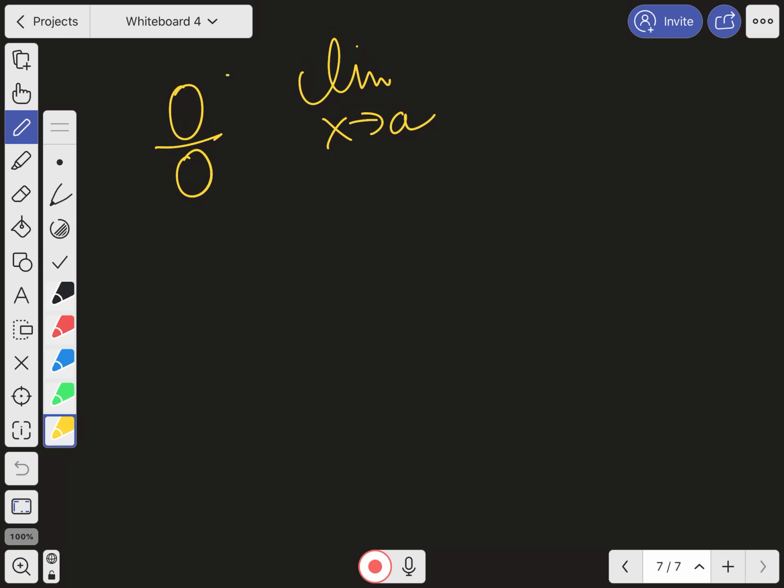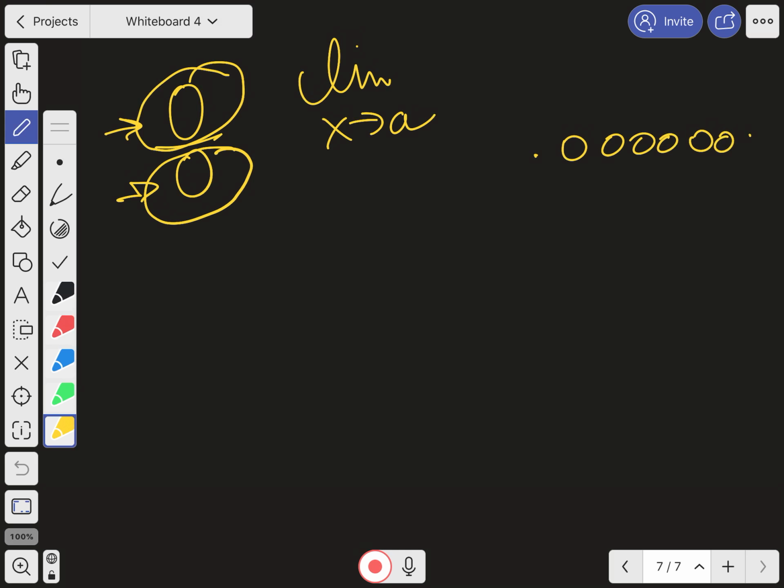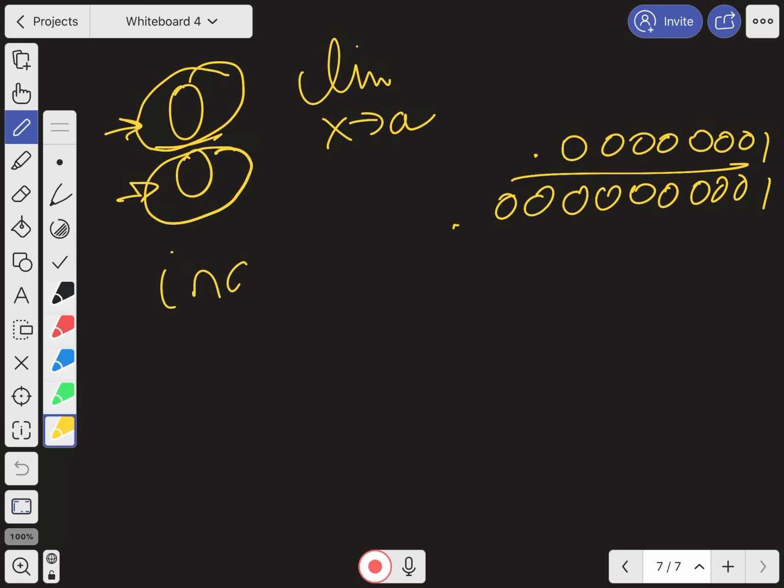So if we're talking in terms of a limit, as this gets closer to 0 and that gets closer to 0, unless they reach absolutely 0, those could be two different numbers, like 0.0000001 over something even smaller, where we've called the limit 0, but it's not a 1-to-1 ratio, and so it's one of our indeterminate forms.